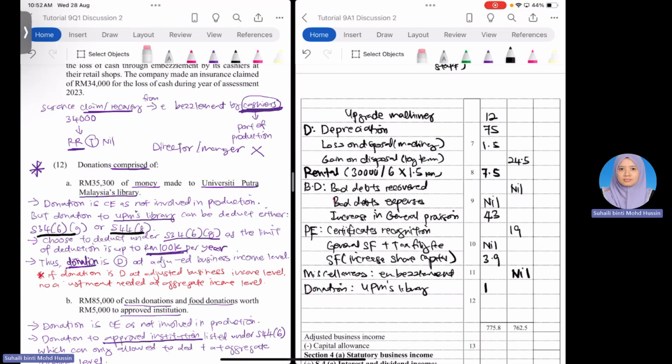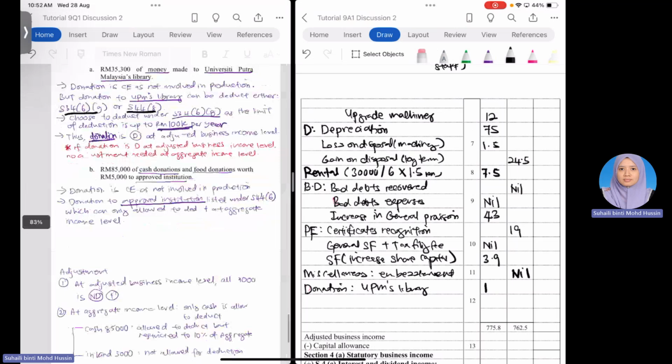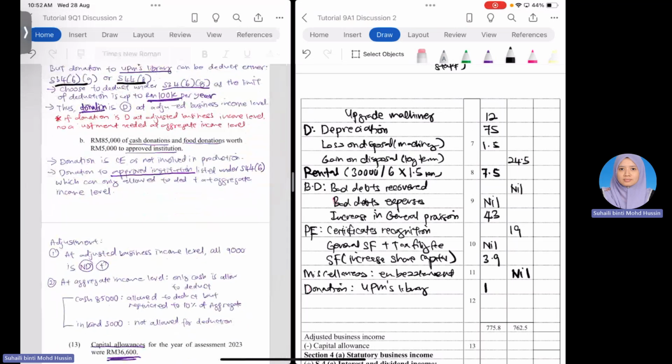But the government allows a donation that the company makes to an approved institution to be deducted at the aggregate income level according to section 44(6), which means you deduct against the aggregate income. So at the adjusted business income level, this type of donation is not allowed for deduction.